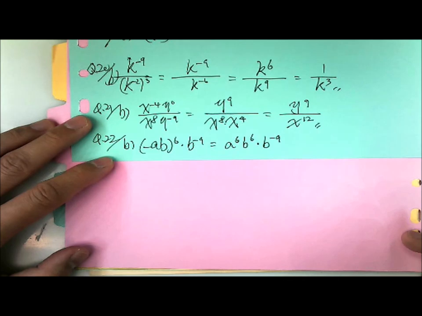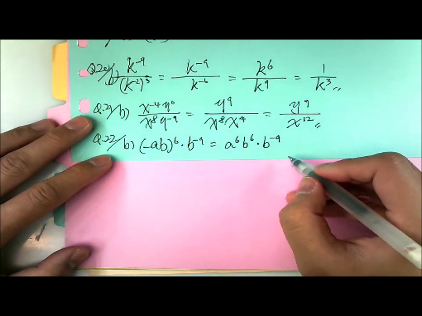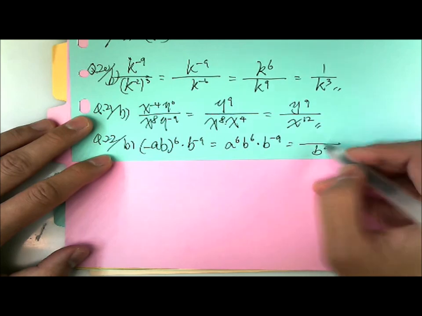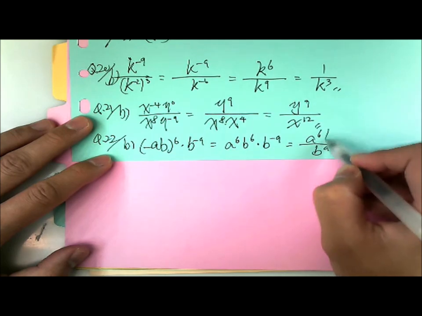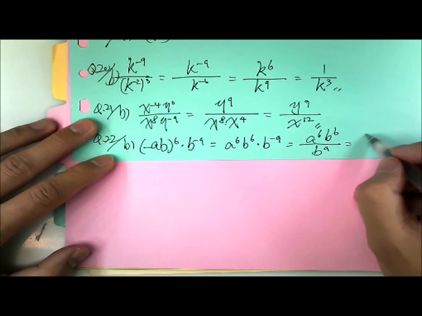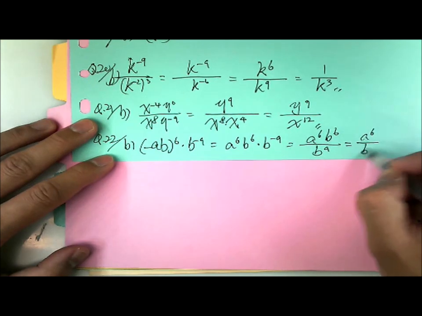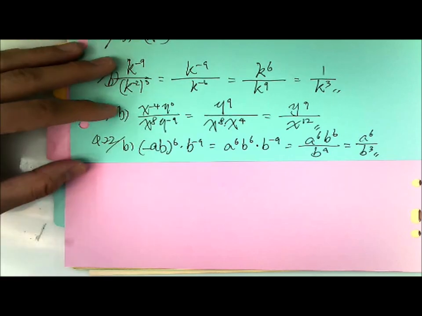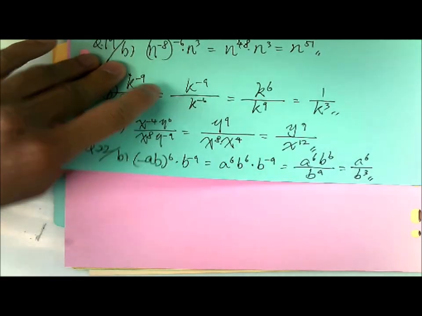Is it okay with this? So make it positive. Okay? Pull it to the bottom. Is it okay? So A to the power 6 and then B to the power 3 at the bottom. Understand? Okay?